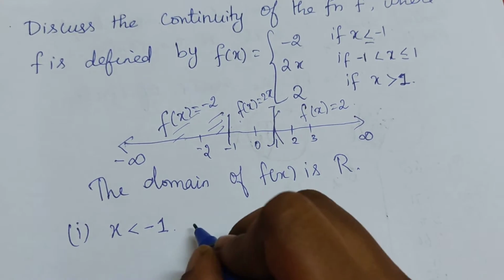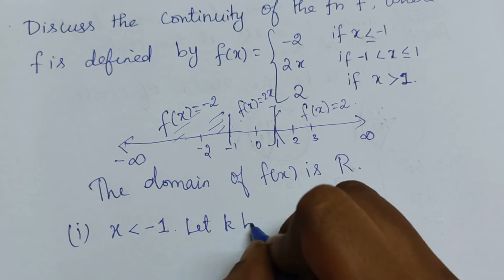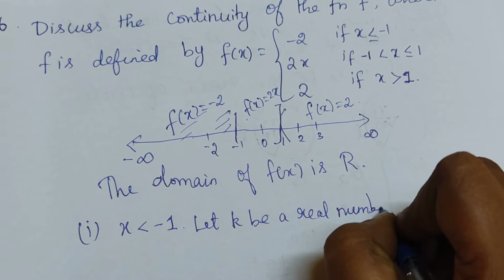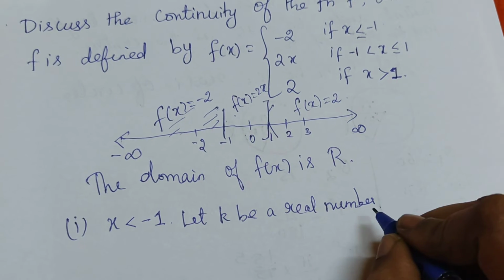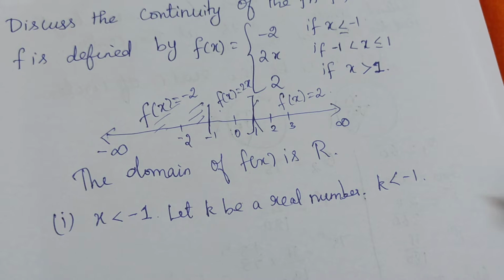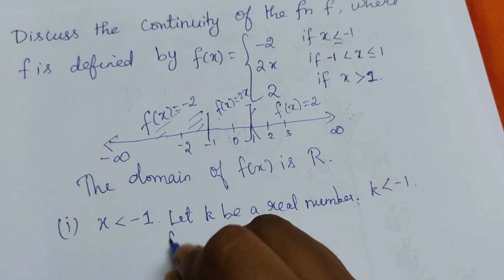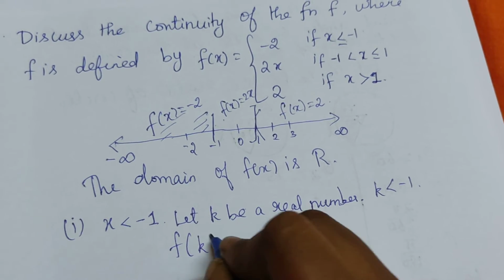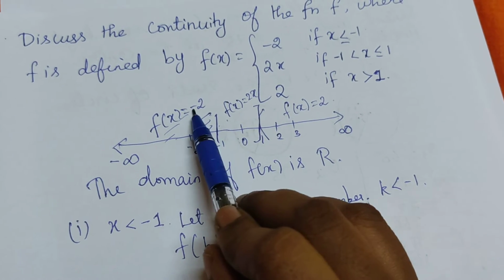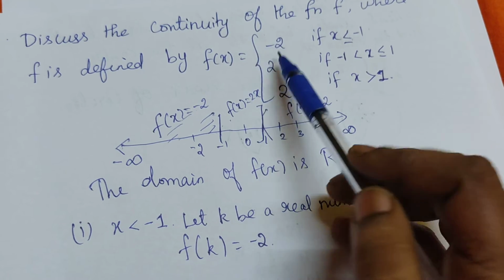Let k be a real number where k is less than minus 1. So when k is less than minus 1, the functional value will be minus 2, because the function has been defined like this. For all x less than minus 1, the functional value will be minus 2.